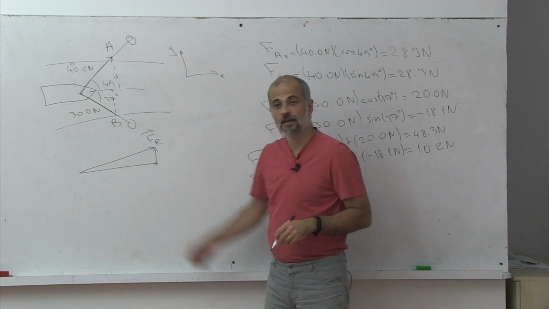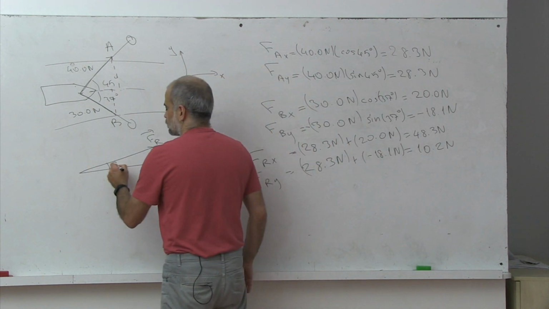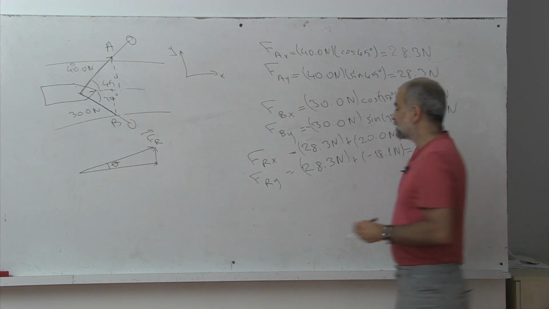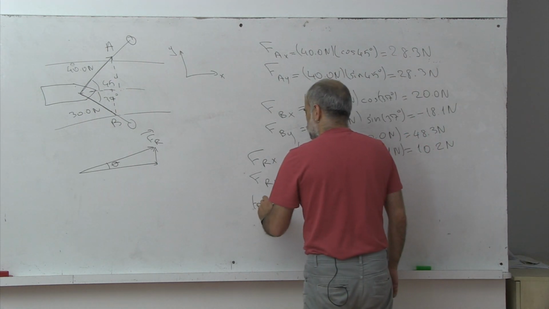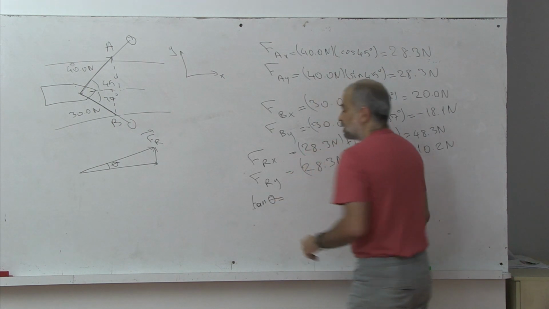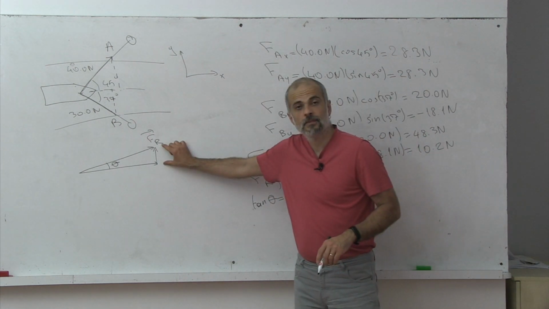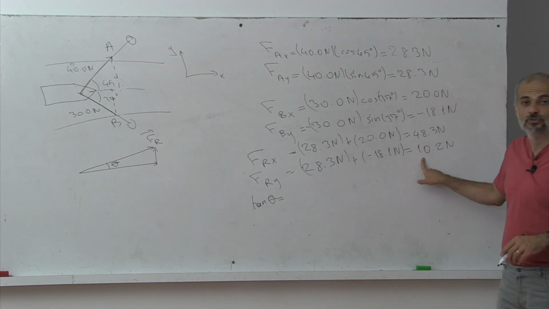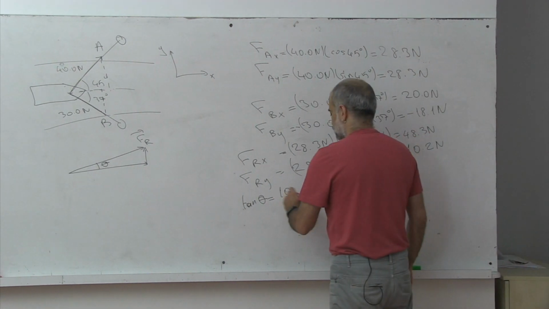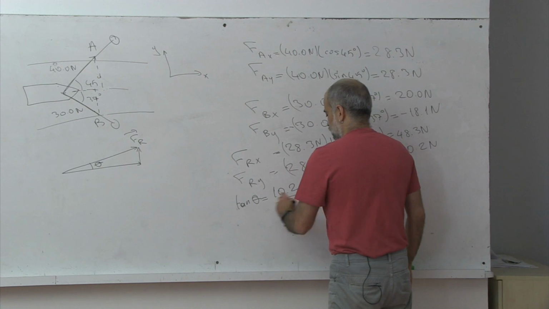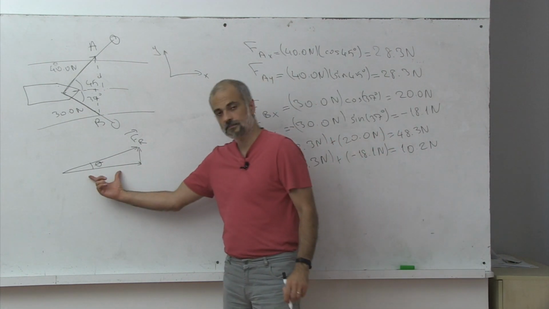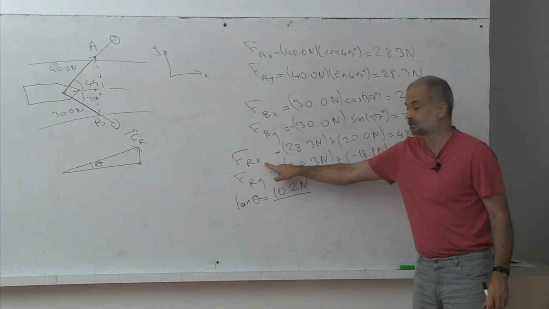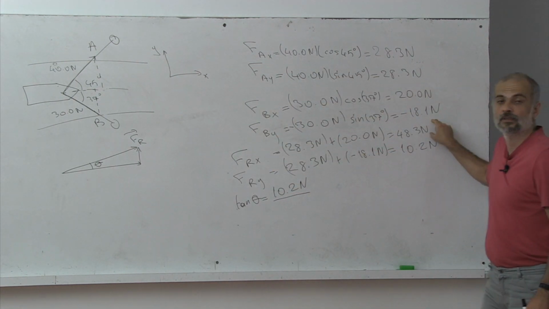To calculate this angle, we can just calculate the tangent of that angle. Tangent of theta will be this length, which is the y component of the resultant vector, 10.2 newtons, divided by this length, which is the x component of the resultant vector, 48.3 newtons.